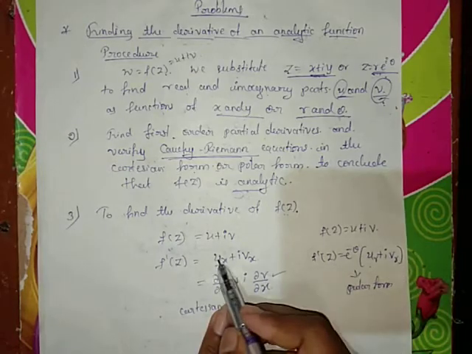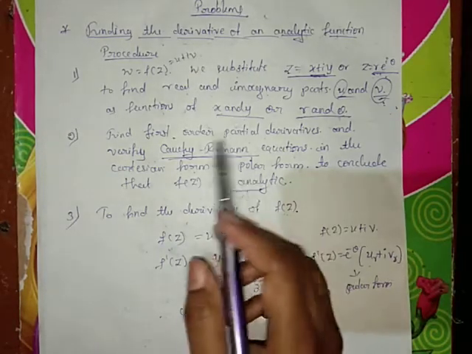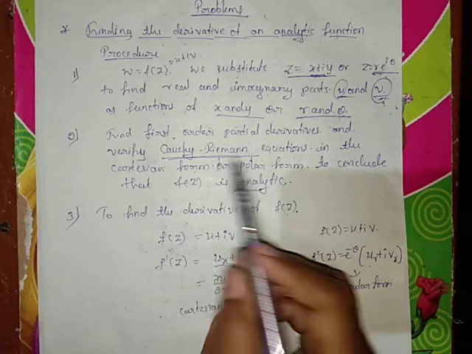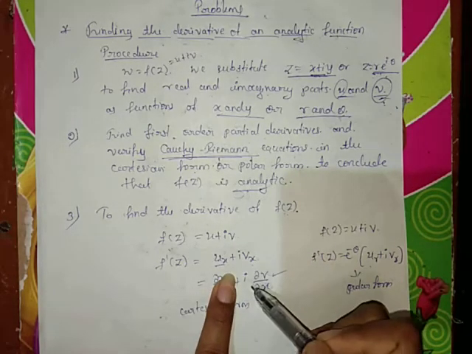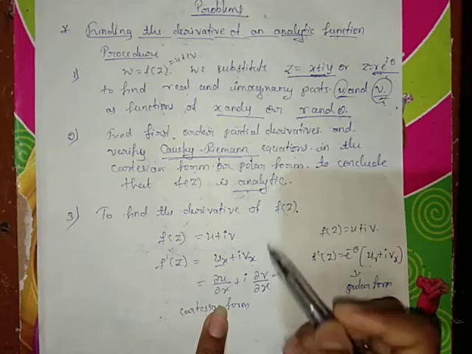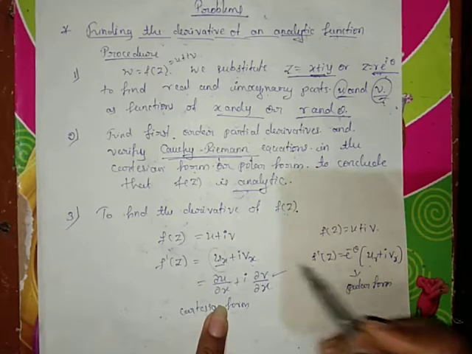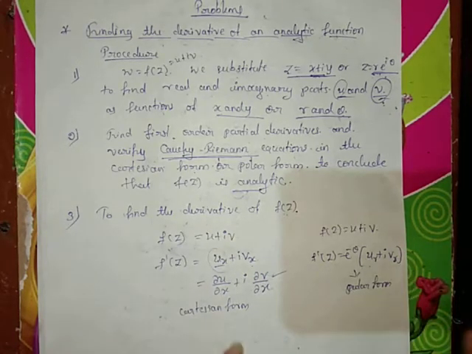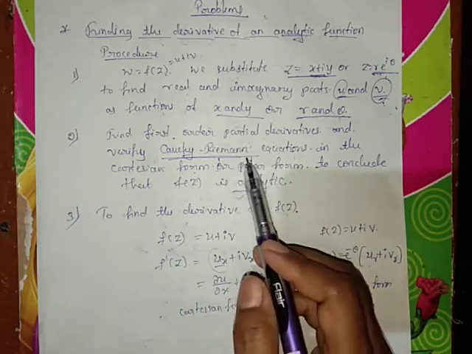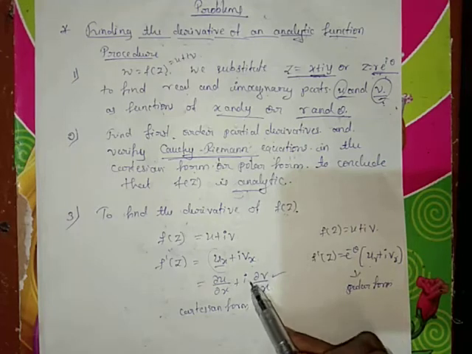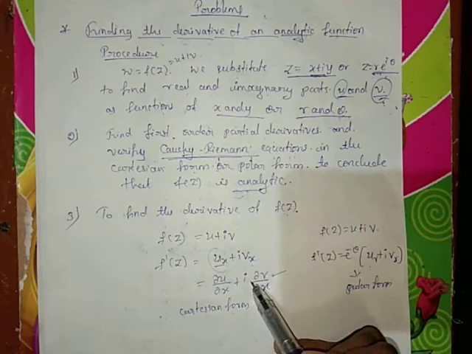These will already be found in the second step to verify the Cauchy-Riemann equations. So these fundamental results will be used in the third step also. Whatever ux, vx or ur, vr we found in the second step to verify the Cauchy-Riemann equations, those results will be used again in this third procedure.